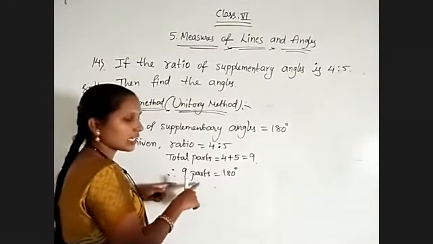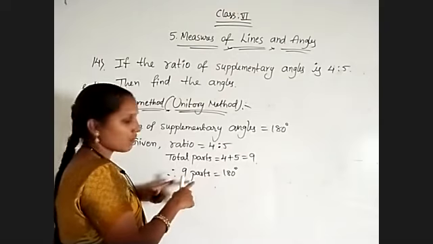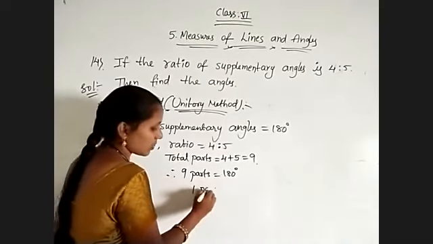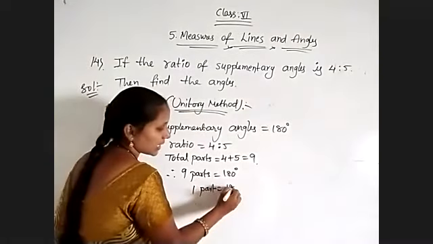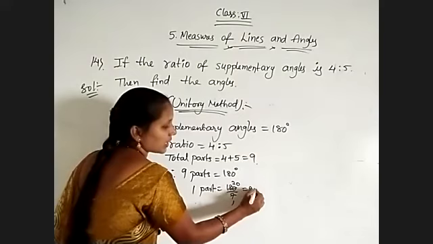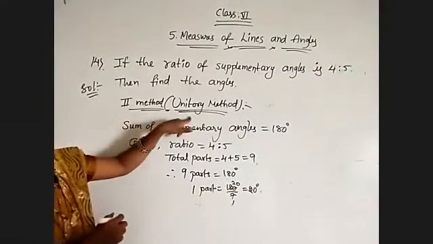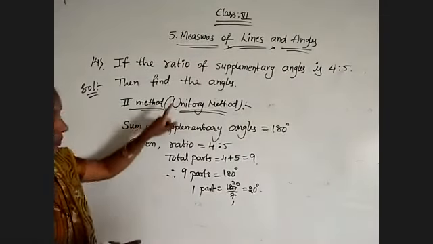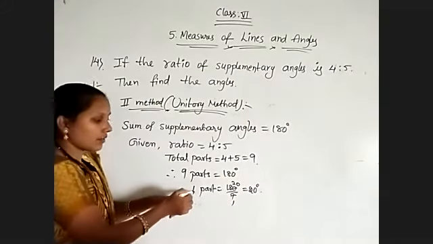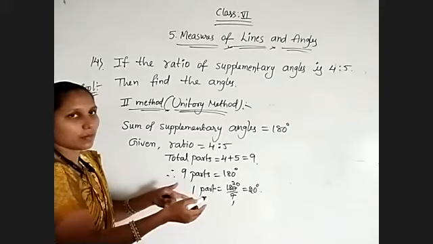So 9 into one part is 9 parts. One part will be equal to 180 by 9. So 9 twos are 18, which is equal to 20 degrees. Unitary method: unit means 1. We are getting one part's value. So first we are finding the one part value, then the required answer.